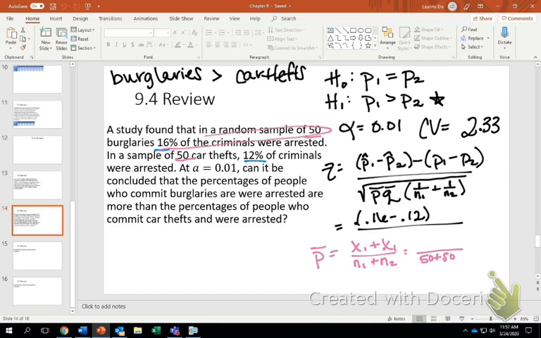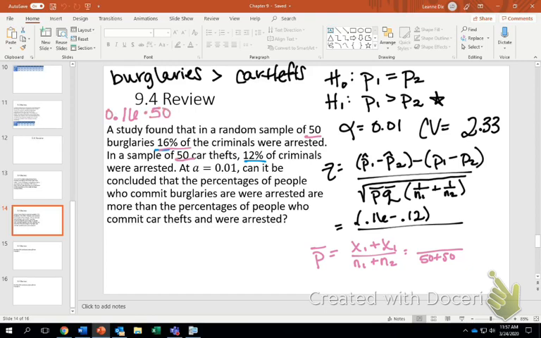If we have 16% of 50 people, it's very simple. All you have to do is multiply 16% and 50 together, and we'll get an answer. So all you need to do is type into your calculator 0.16 times 50.